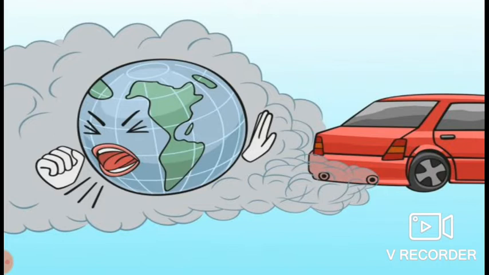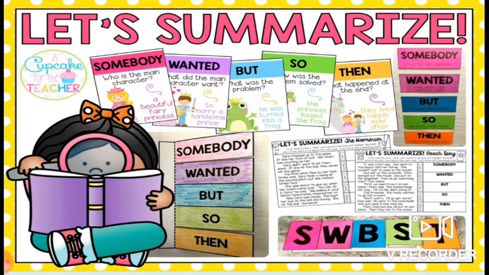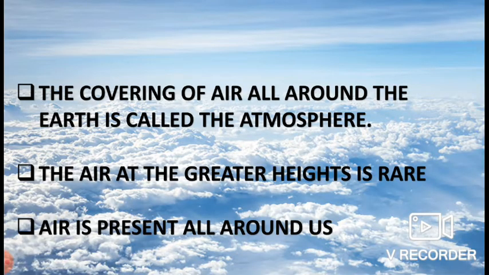And now students, here we have completed the lesson. Let's summarize. The covering of air all around the earth is called the atmosphere. The air at the greater heights is rare.